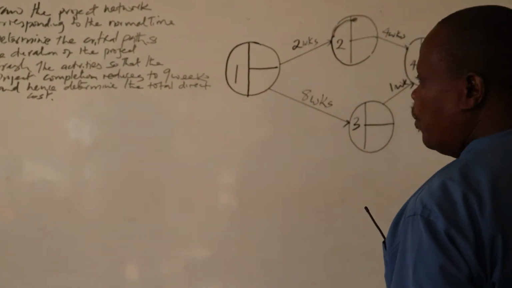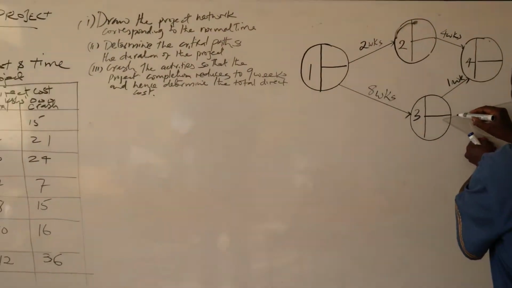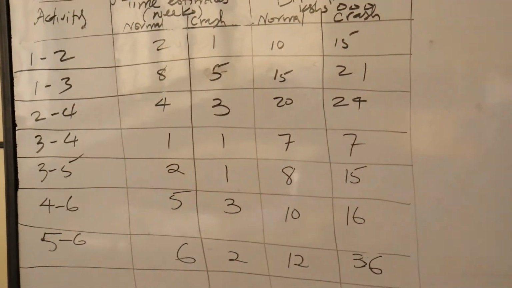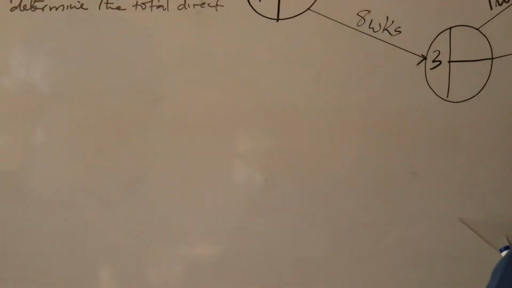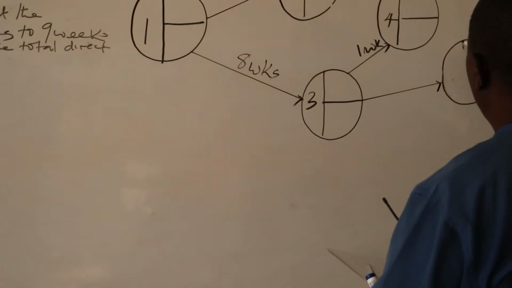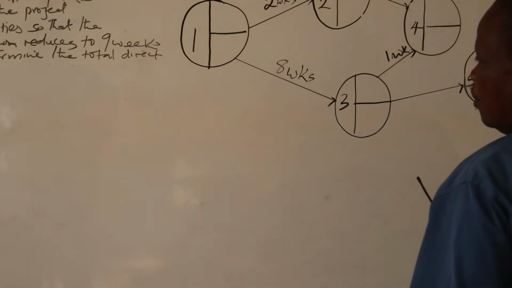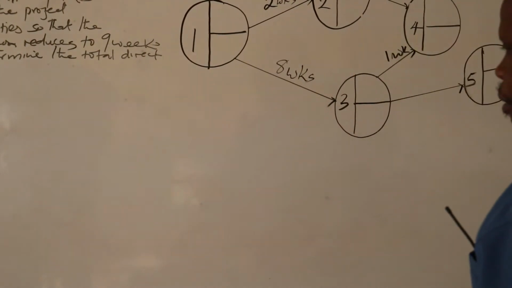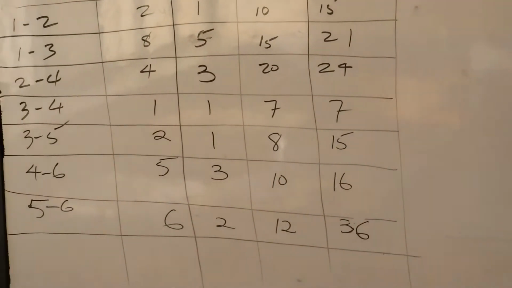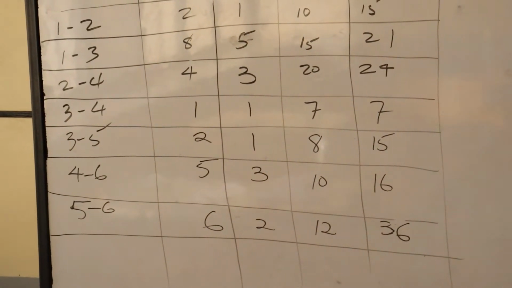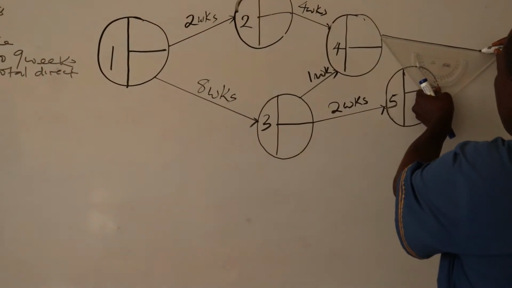Then 3 to 5 has a duration of 2 weeks. Then 4 to 6, let me draw it first.